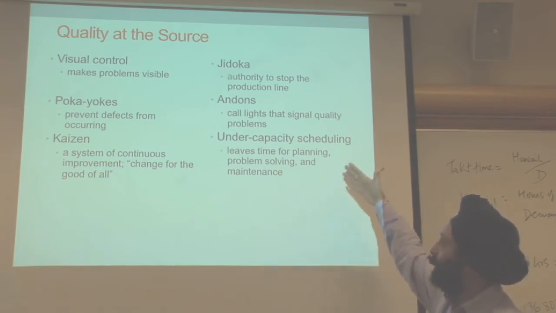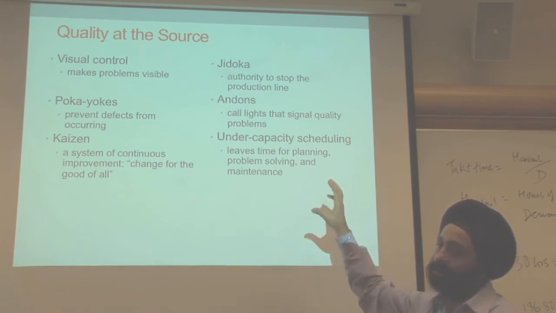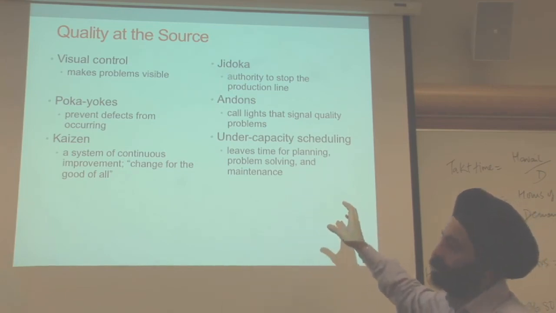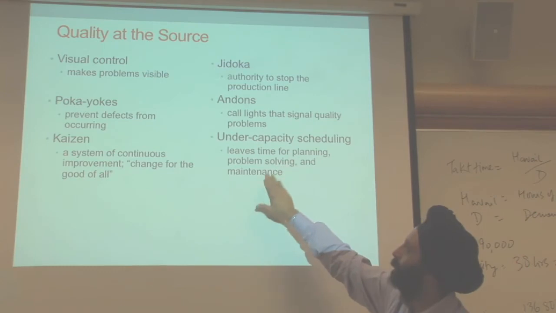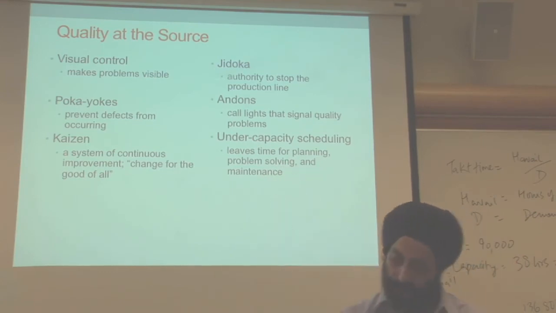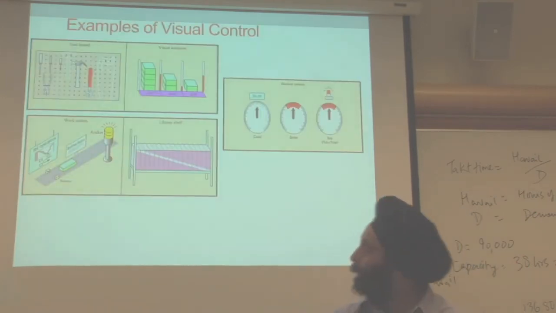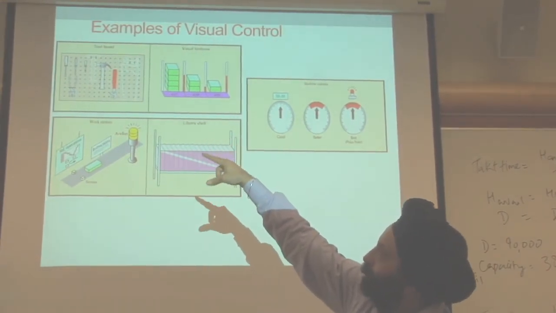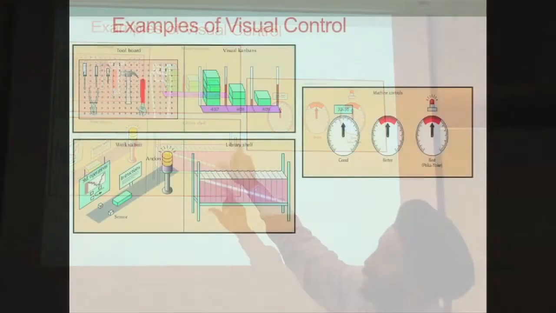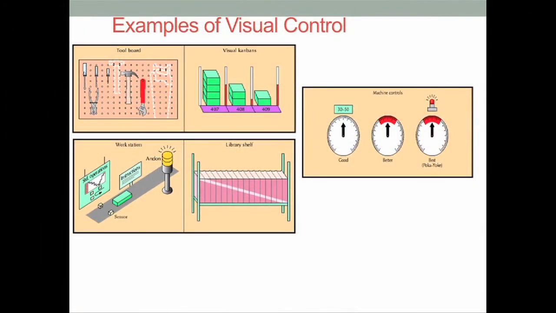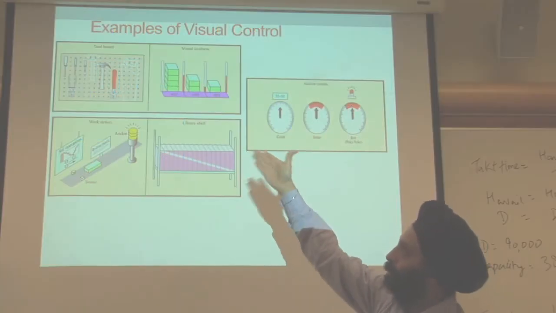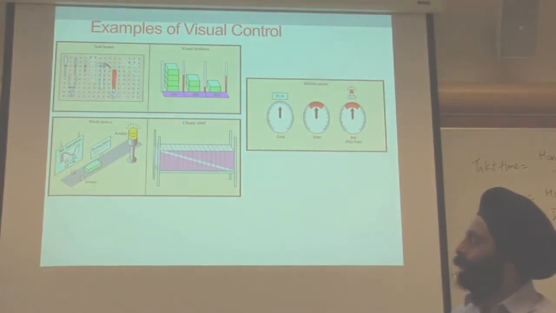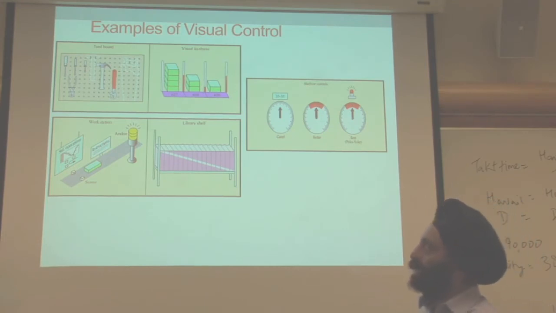Under-capacity scheduling allows for some last-minute capacity available for some important customers or for problem solving, planning, and maintenance. Other examples of visual control: you can see a tool board where you can create an outline of various tools. It indicates the ideal location where different tools go, and anytime a tool is missing, you know what is missing from the board and if things are not being located correctly.